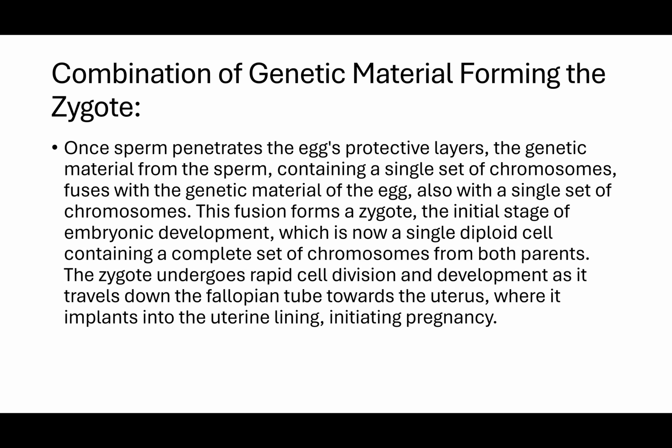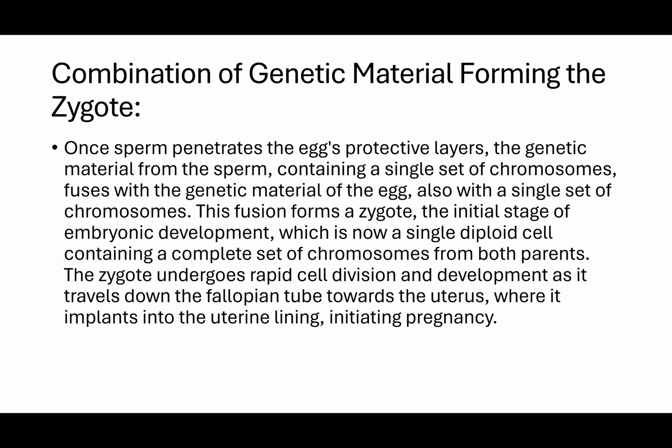It's important to know that when the sperm lodges onto the egg, meiosis will continue and be completed, and then the haploid number in the egg will bind with the haploid number from the sperm to create a diploid zygote, the initial stage of embryonic development, which is a single diploid cell containing a complete set of chromosomes from both parents. So this is where we all began.